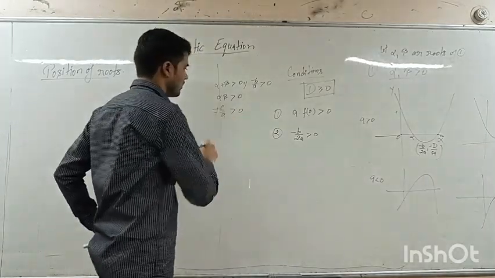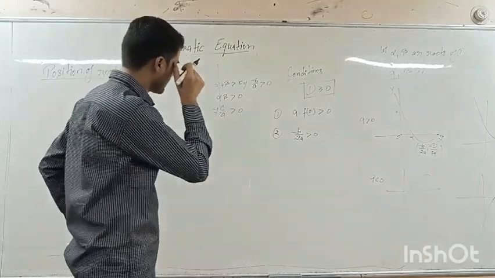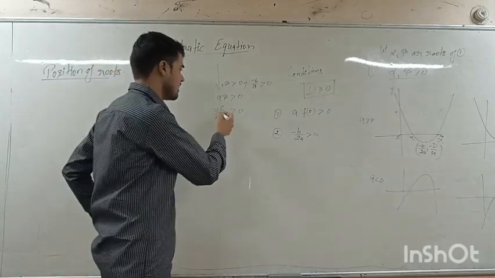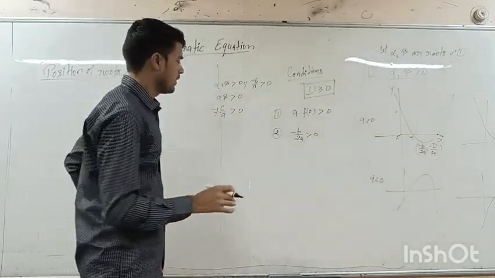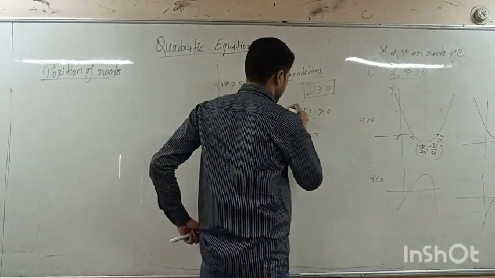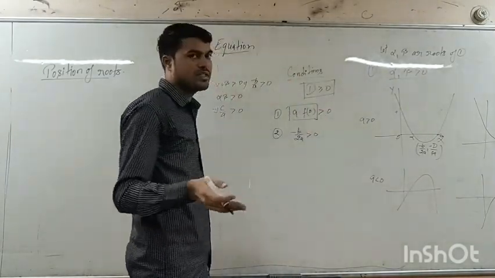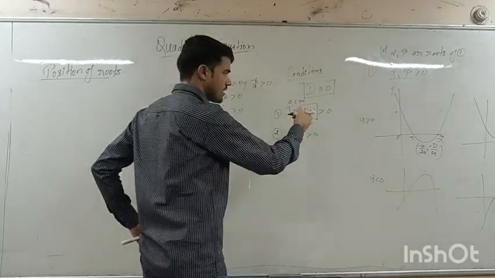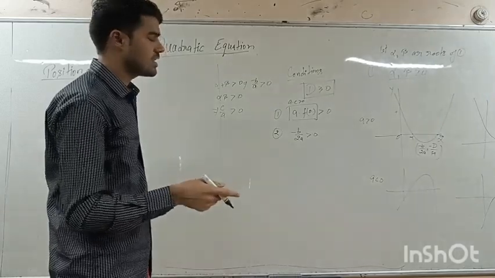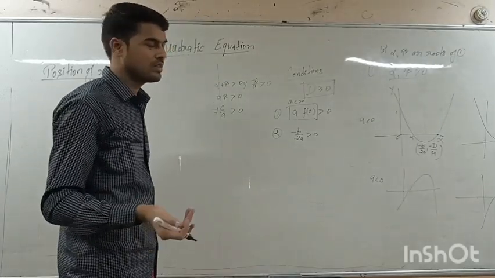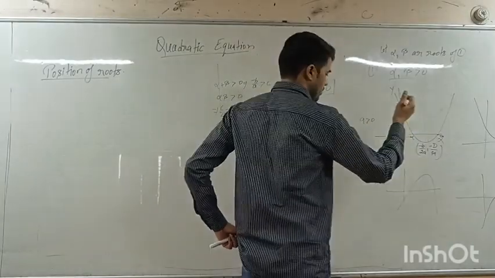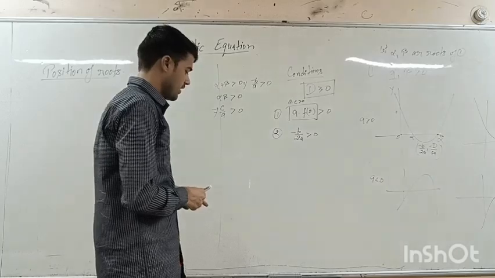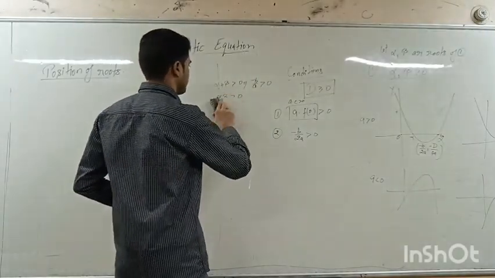What does c by a greater than 0 mean? It means c and a have the same sign. What is f(0)? f(0) is basically c. So a times c is greater than 0, the same thing we are saying here. It means a and c have the same sign: if a is positive, c is positive; if a is negative, c is negative. So from here we can find some conditions.